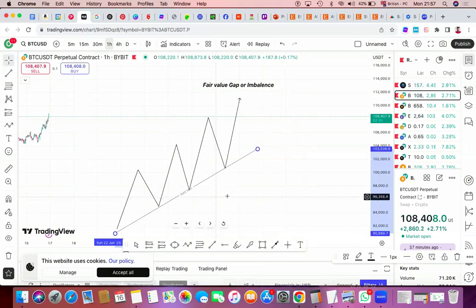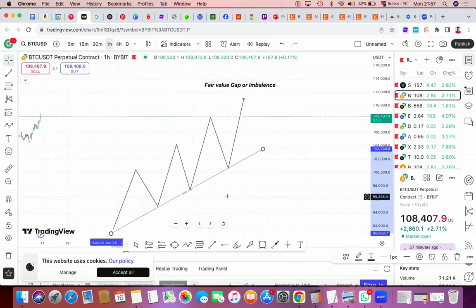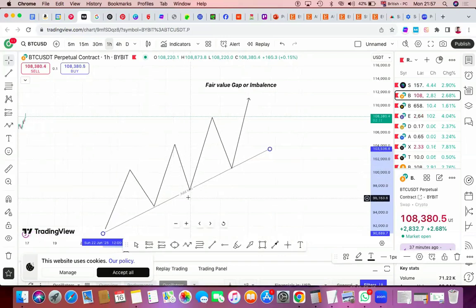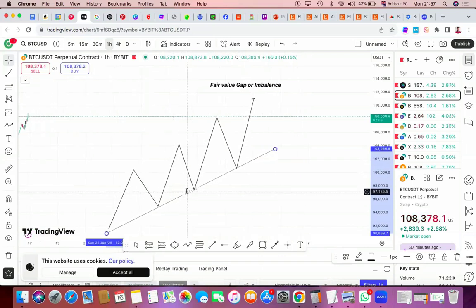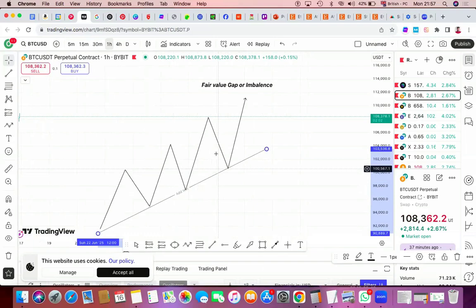What we are talking about today is fair value gap. It's a simple topic, but if you don't have the other knowledge about the topics that we talked about, for example, the break of structure and all other aspects that go into analyzing, to have your fair value gap would be really hard. For you to have a correct fair value gap, there are things your analysis has to meet.